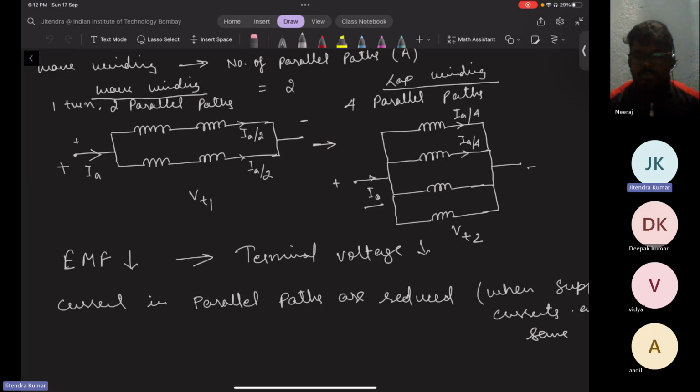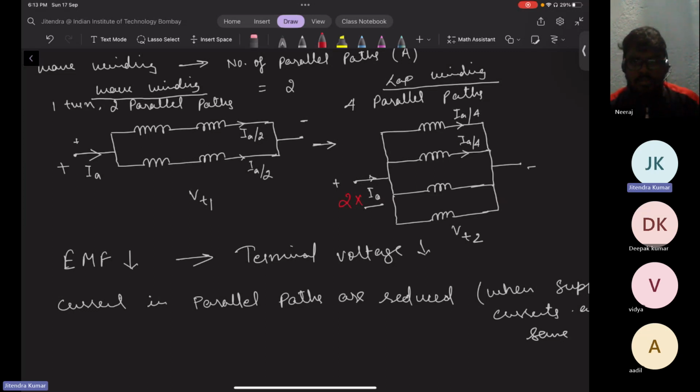Okay, so here is the catch. It is not as rosy as you are imagining, that you are paralleling and reducing the current. Your power will be reduced. So again, you have to multiply the current by two, finding IA by 2, IA by 2 as of the original.